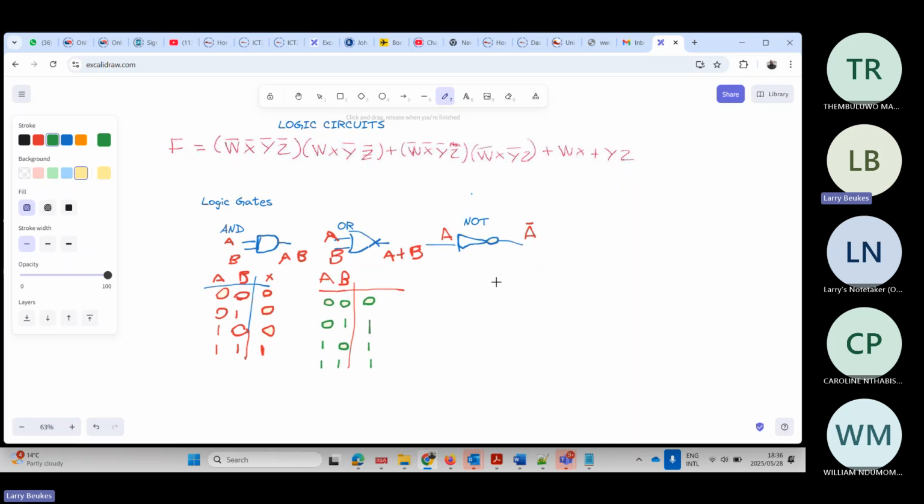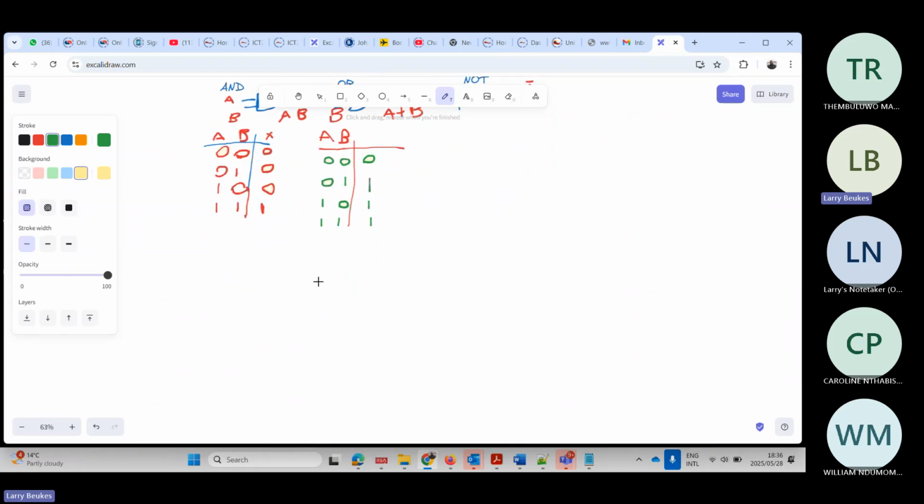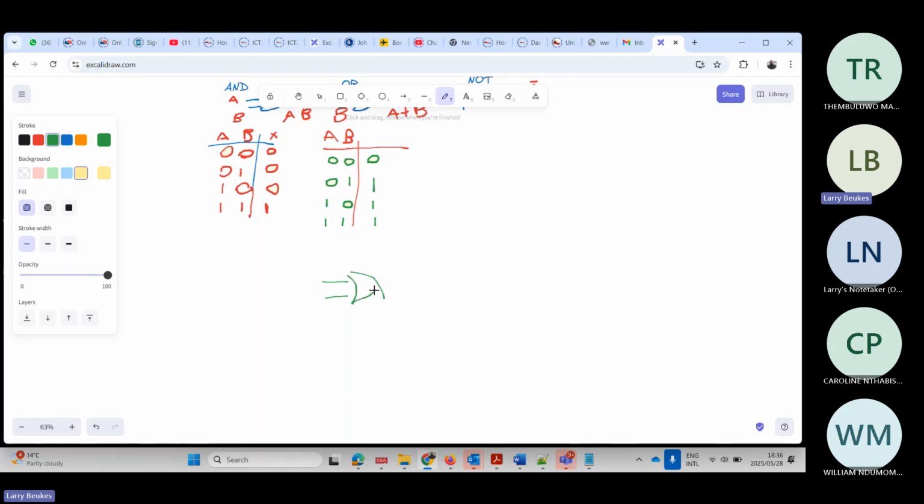Okay, so now let's start with basic examples here. It doesn't matter, A is a variable, right? So this is a 2 input OR gate.